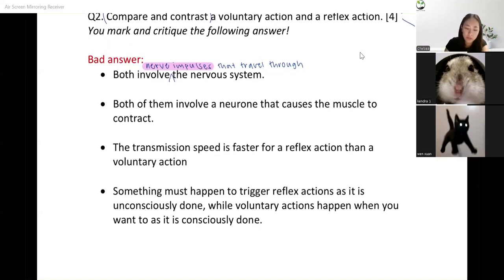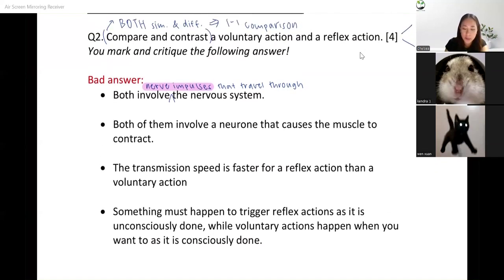Now there is one more addition that I will add to the first statement. Nervous system. We have 2 types of nervous system, right? What are the 2 types? It's not just nervous system, right? What are these 2 types of your nervous system?